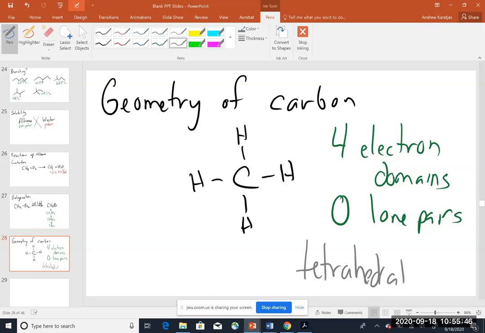Tetrahedral, when we're in 2 dimensions, we represent as a central atom. One group points up, one off to the side. Then we use this wedge to indicate that there's a group coming forward, and this dashed line to indicate a group that's pointed away from us.